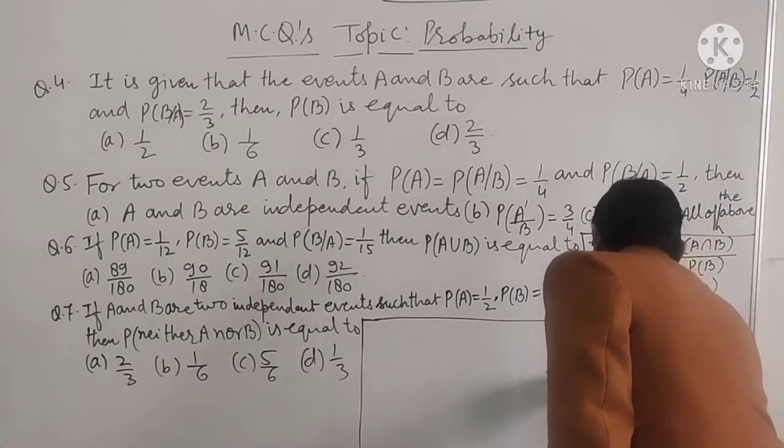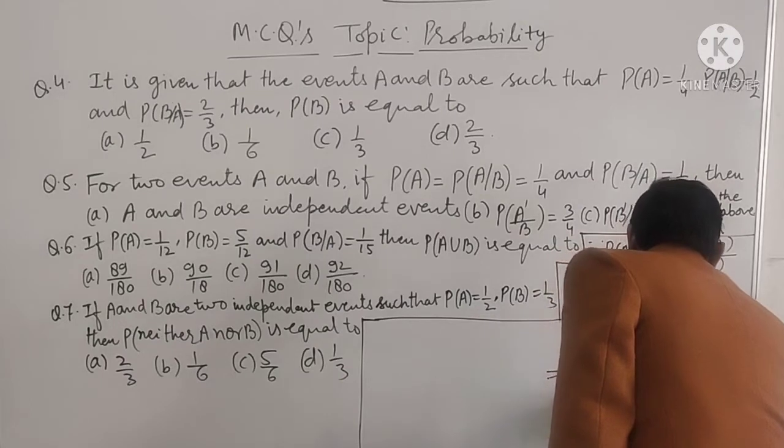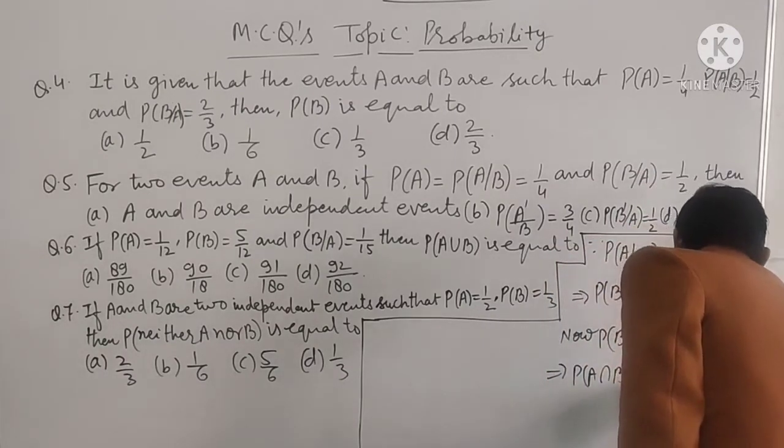From this we will get P(A intersection B) is P(B|A) into P(A).